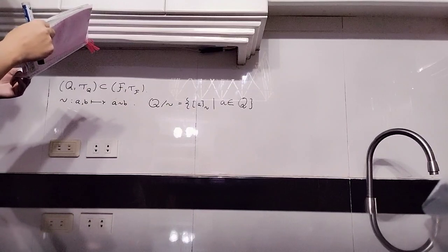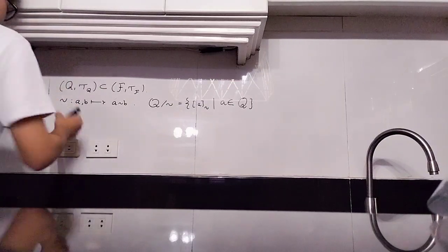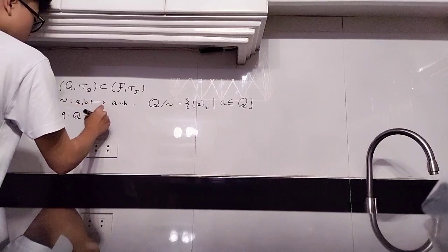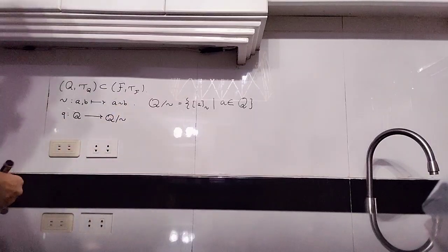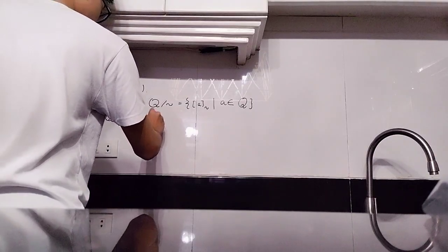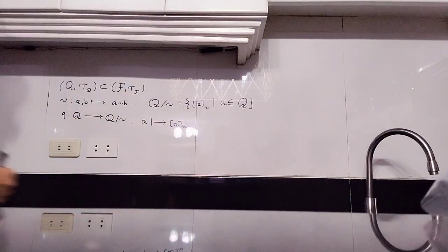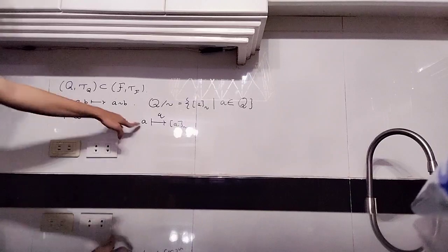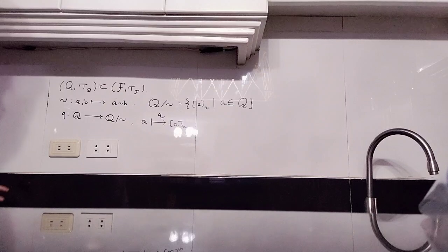So I have a map q that takes Q and maps it onto its quotient set. It's characterized by, for any A, it is mapped onto its equivalence class under that equivalence relation. This q is called the canonical projection. Any element inside here, I project onto the set of every element that is similar to it under a given condition.